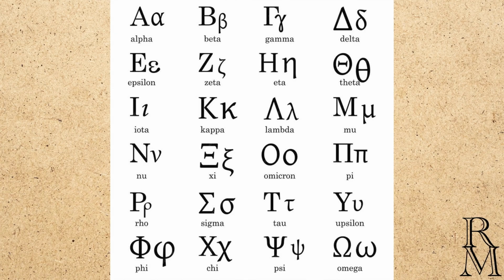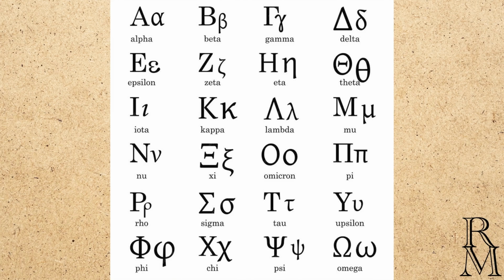You have alpha, beta, gamma, delta, epsilon, zeta, eta, theta, iota, kappa, lambda, mu, nu, xi, omicron, pi, rho, sigma, and note that in sigma you do have a final form.